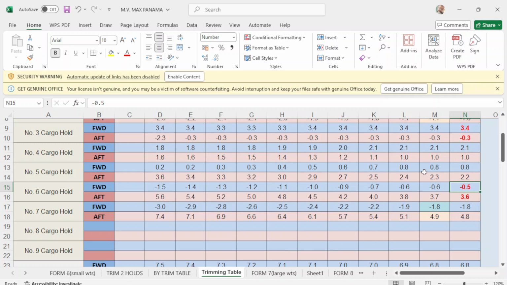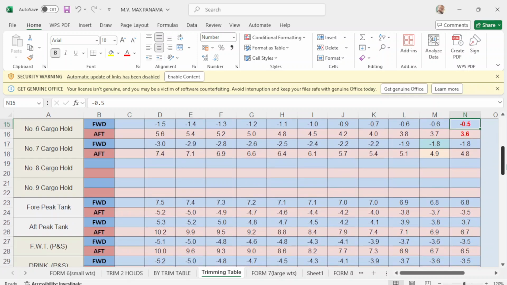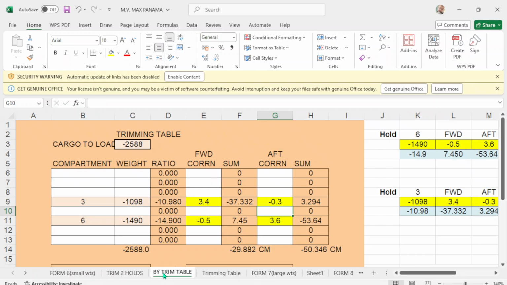Hold number 6. You can put it this way. The forward correction is negative 0.5. Okay. Negative 0.5. And up correction is how much?